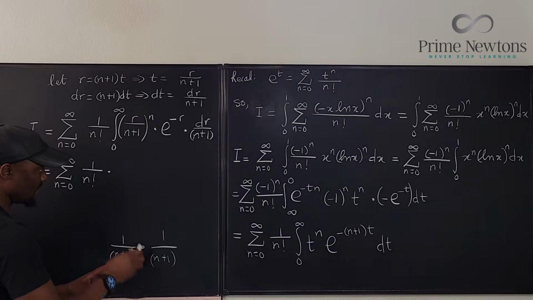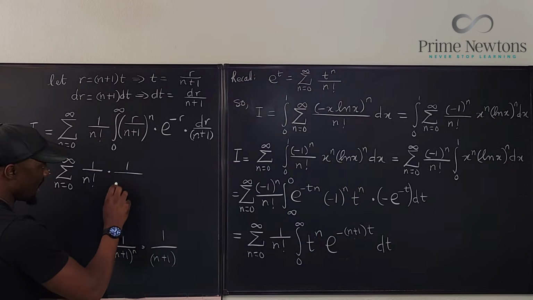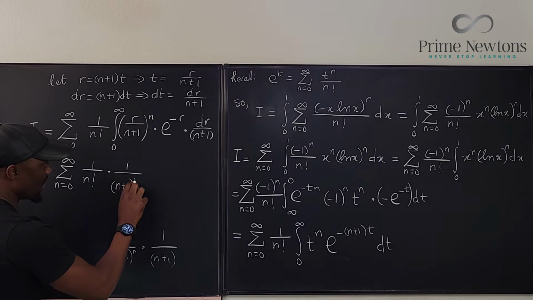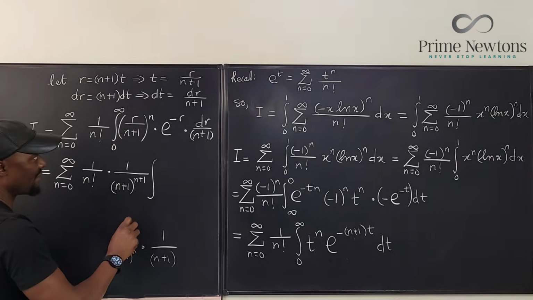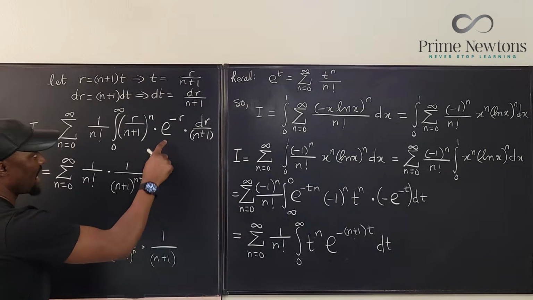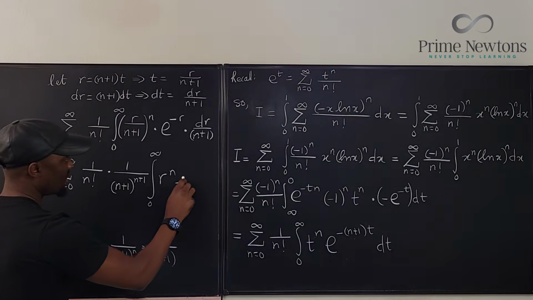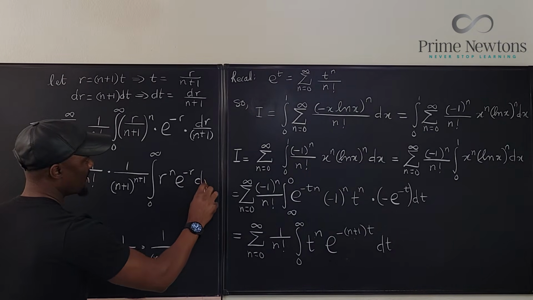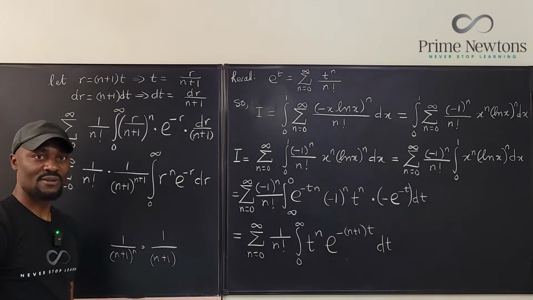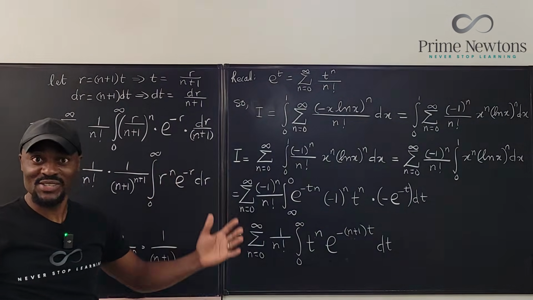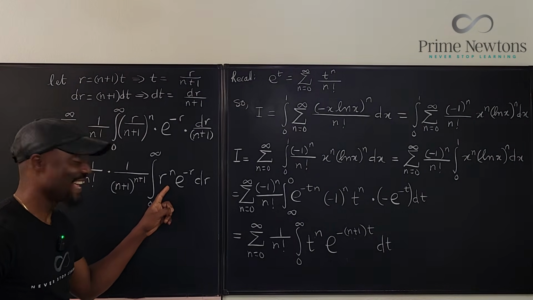If you multiply these two together, you'll end up with 1 over n plus 1 raised to power n plus 1. That's what you get. And then the integral that comes after it will go from 0 to infinity, and you have r raised to power n times e to the negative r dr. This is n factorial from what I wrote initially. So we have found our factorial function, the gamma function of n factorial.